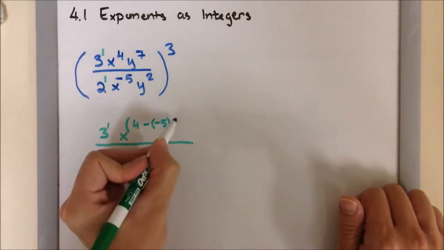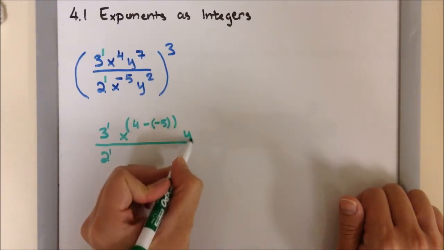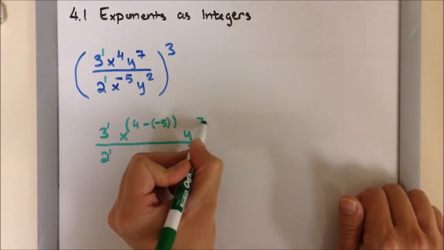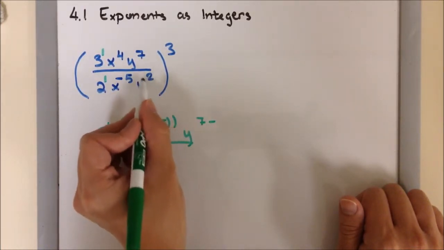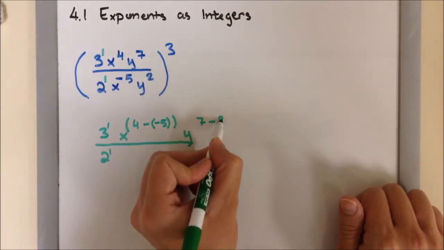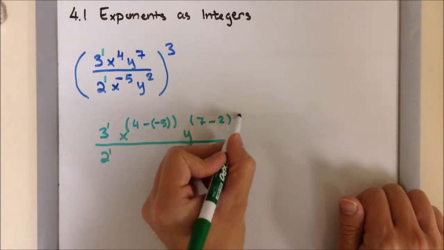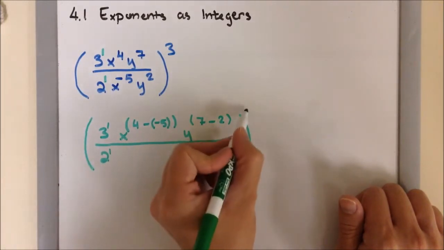And I'm going to write another set of parentheses. Now I'm going to do the y's. So top minus bottom, so 7 minus, according to the law of exponents, and then my exponent in the denominator, which is just 2. And the whole thing being powered by 3.